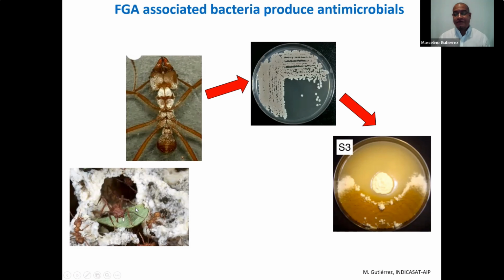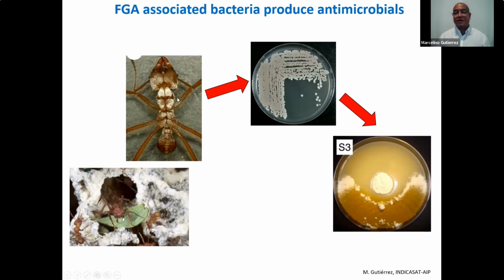So as any farmer activity has plagues, in this case there is a fungal pathogen that attacks the farms of the ants, producing the decline of colonies.